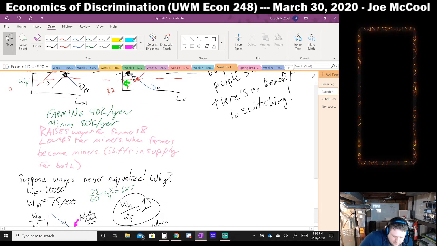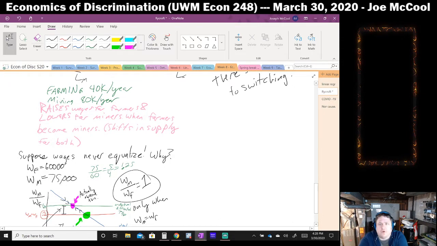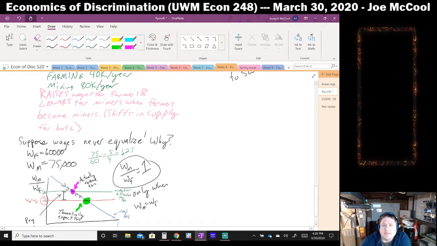Okay? So as I explained last time we did this, it raises wages for farmers and lowers them for miners. When farmers become miners, there are shifts in supply for both.